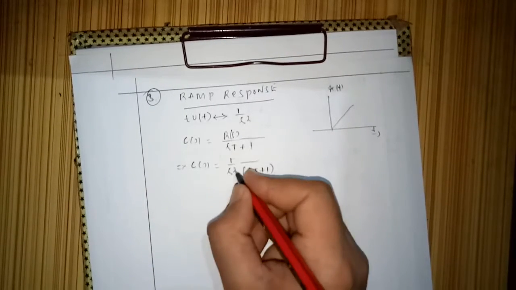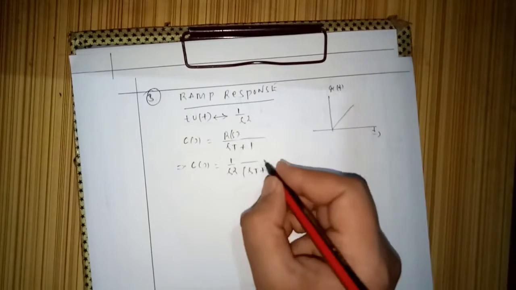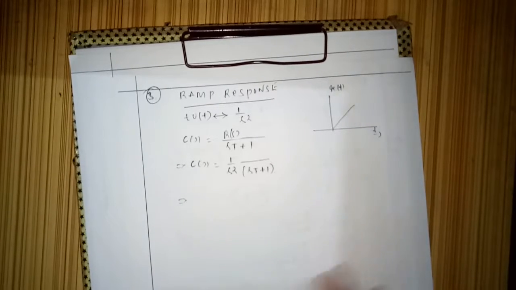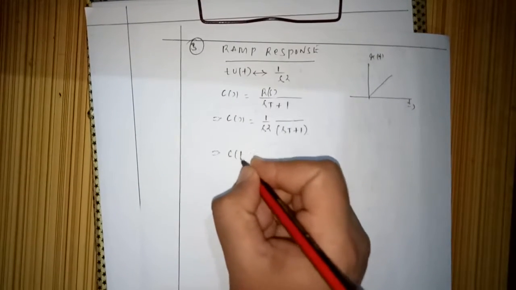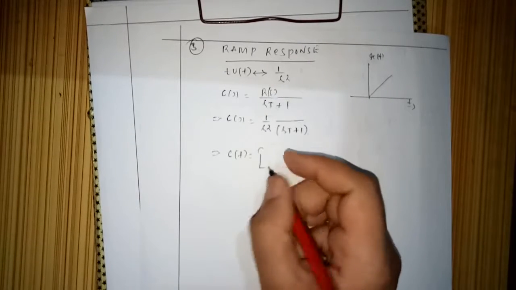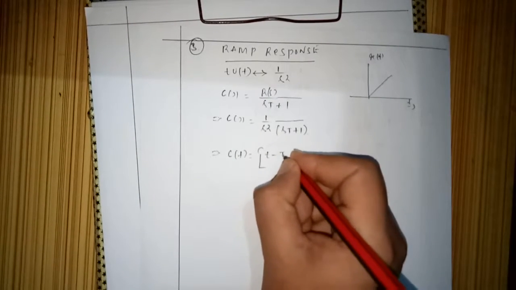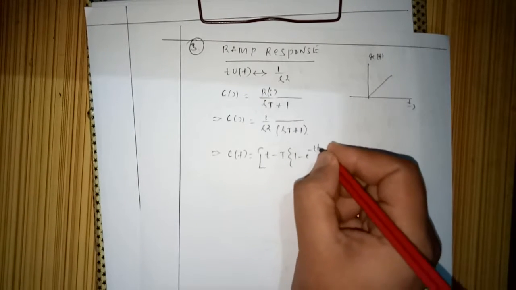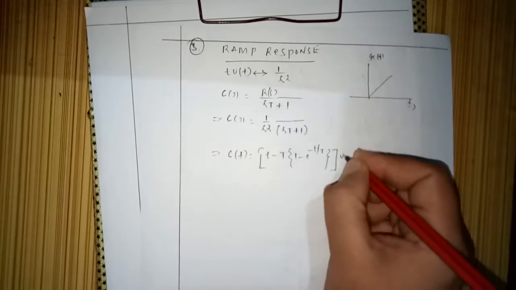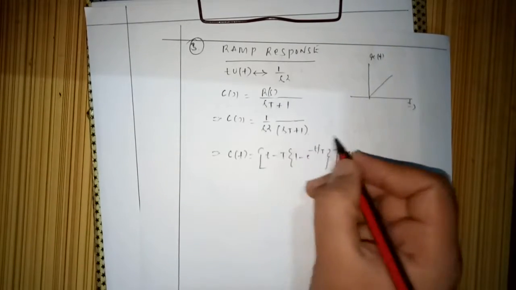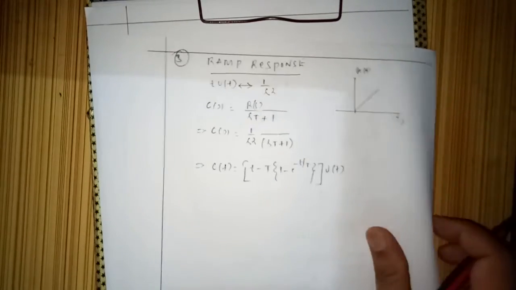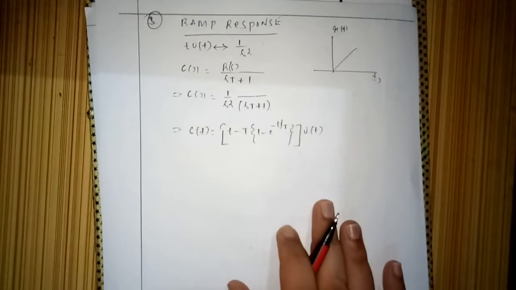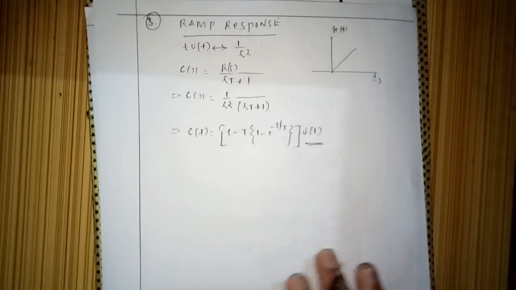Now if I do its partial fraction, I hope you can do, I will move quickly, and taking its inverse Laplace transform, what I'll get is t minus T multiplied by 1 minus e to the power minus t by T, u(t). That is simple partial fraction, and then you can take its inverse Laplace. I leave it as an exercise for you. Okay, so this is the ramp response.